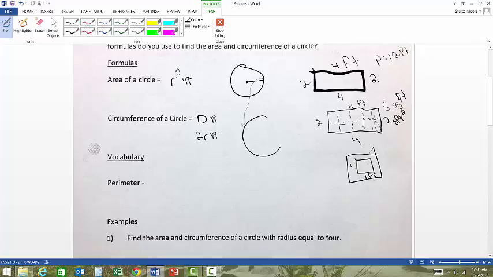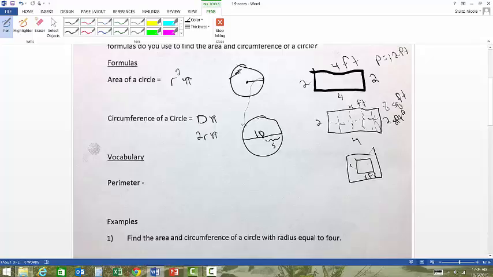Diameter is the whole way across a circle. So if this is the center, the diameter is the whole way across. If this was 10, I could say my circumference is just 10 pi. Or you could do 2 times the radius, which is from here to here, and that would be 5. But 2 times 5 gets you 10. So they're the same formula.